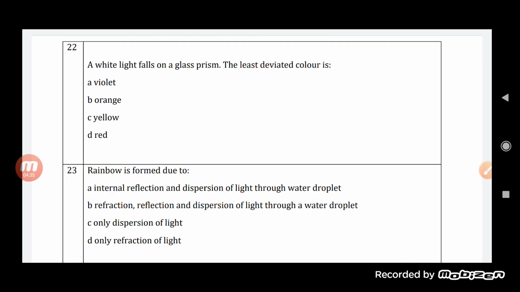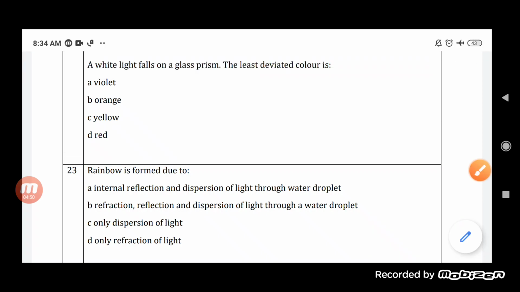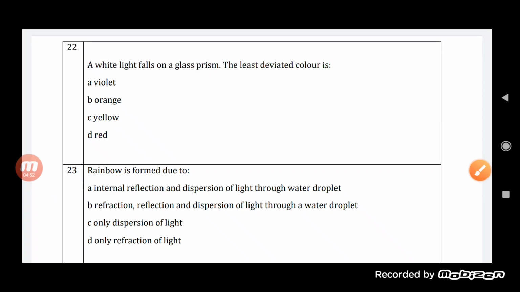So the least deviated color will be red, since it has the largest wavelength. So the deviation will be less. So the answer will be the red one. That red one will show the least deviation.